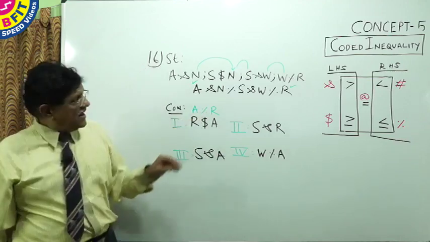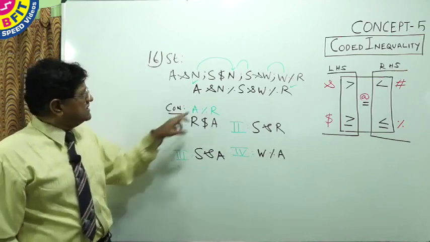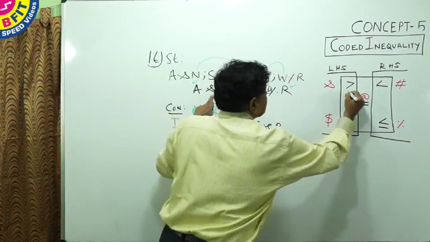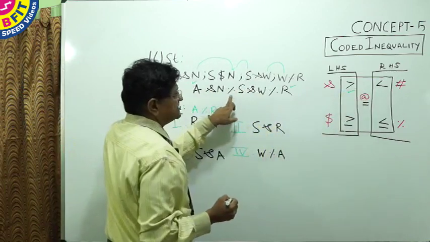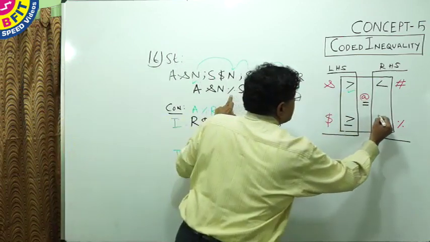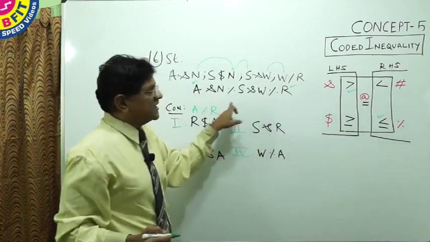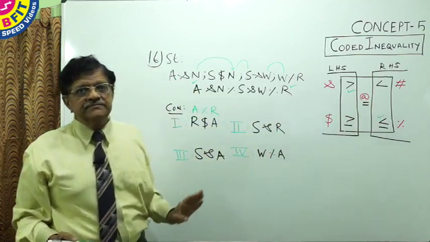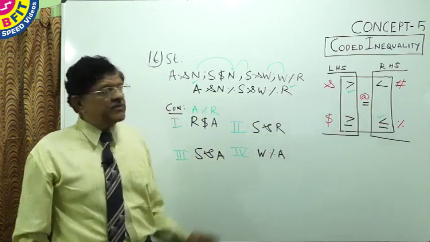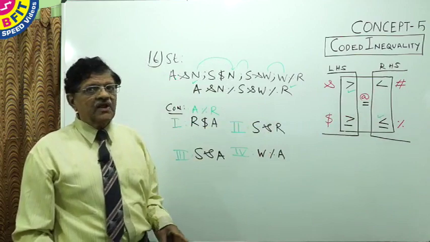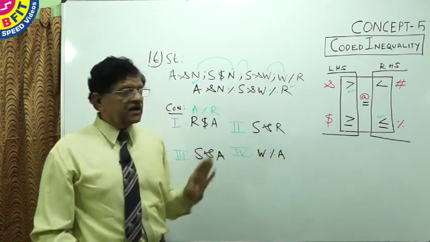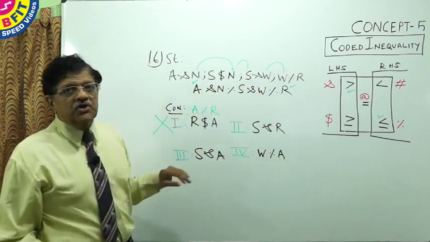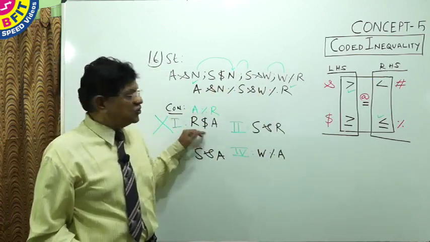Now between A and R, what are all the symbols? Ampersand, tick ampersand. Next is percentage, tick percentage. Now we need not go further. Why? Now we have crossed from left hand side to right hand side. Therefore no conclusion is possible because of opposing symbols. We need not do further verification at all. So conclusion 1 is not true.